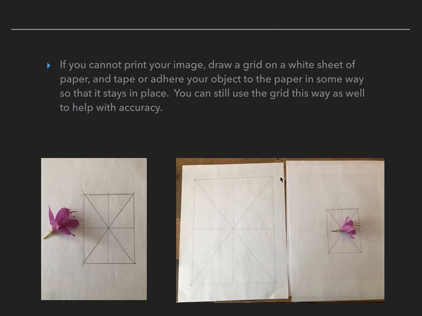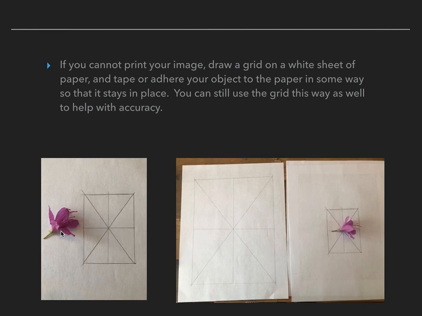So if my 8.5 by 11 grid here is a rectangular shape, a portrait or vertical standing image, then I would create roughly the same grid on a smaller sheet of paper.